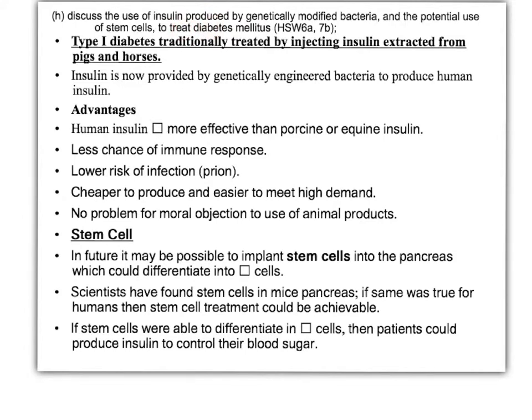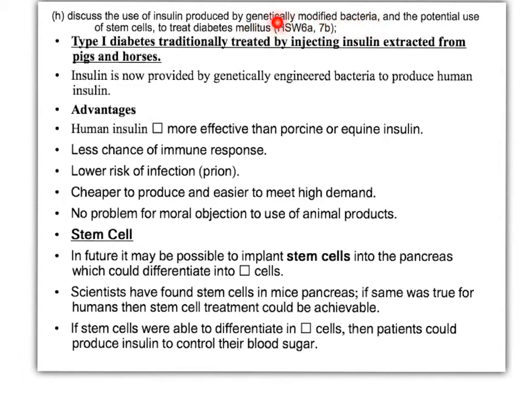Traditionally, that insulin was isolated from either horse or pig blood, packaged and sold to diabetics. Nowadays, we're able to take the gene for producing human insulin out of a human being, insert it into bacteria, and produce insulin in that way by fermentation.